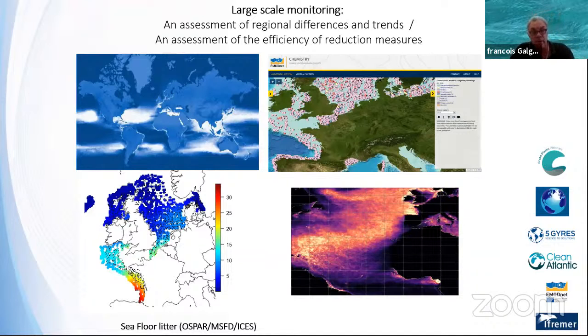So just some examples. The top left is the work that was coordinated by Marcus Eriksen, published years ago. There are more experiments done in that field, but what was interesting is that the analysis was built on more than 13,000 manta trawl experiments. So it was covering all oceans worldwide, with enough data to validate the model, and then the estimations are probably reliable.